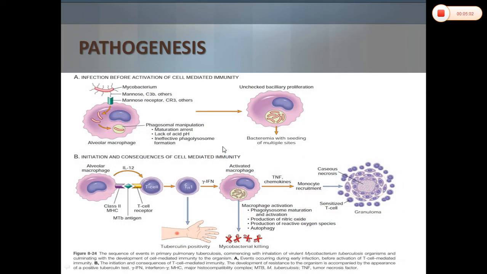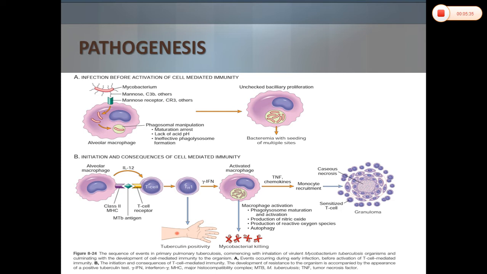And the main pathogenesis, how the organism enters and causes the symptoms, we will see now. First, mycobacterium is a bacillus, as we already know. These bacilli enter into alveolar macrophages with the help of mannose receptor or complement C3b receptors. With this entry, it forms a vesicle around it, so that it is inhibited from the lysosomal action of these macrophages.